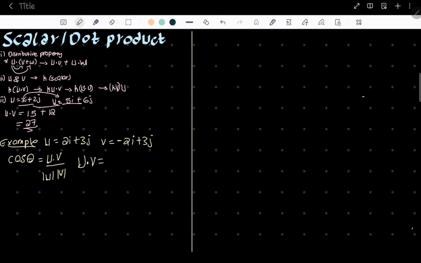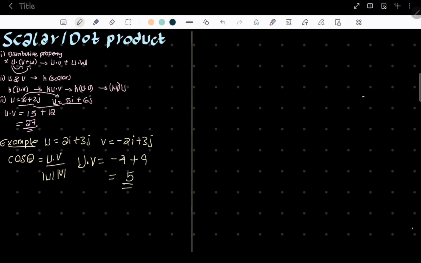So the dot product, like I showed you before, it's gonna be 2 times 2, which is 4, and 2 times minus 2, which is minus 4, plus 3 times 3, which is 9. Minus 4 plus 9 is going to be 5.